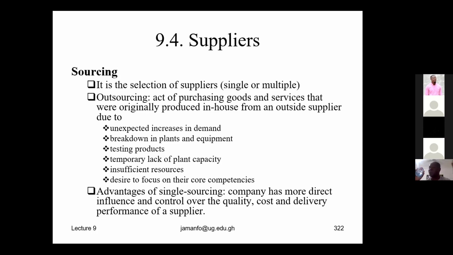So the cost of ordering will go up. Just the same with relationships. If you have a single person attached to you, in a month it's 100 cedis. But if there are 3, you can see that disadvantage of multiple sourcing. High cost.